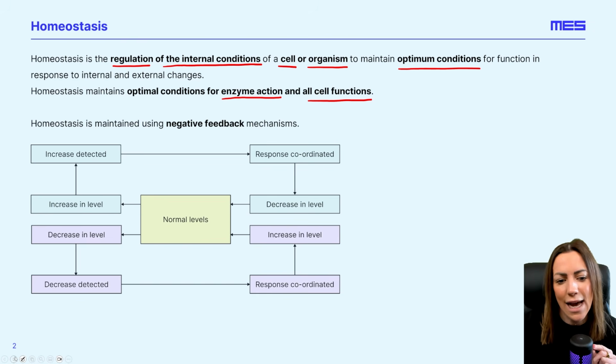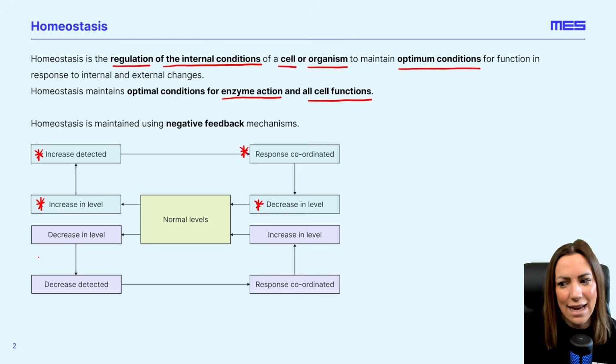So let's just use a diagram to help you understand what that is. Obviously, we want to keep the conditions at normal levels. So for example, our blood glucose or our temperature, we want to maintain it at a normal level. So if there's any increase in that level, in that temperature or that glucose concentration, the increase will be detected. That will mean that a response is coordinated to bring the level back down to normal.